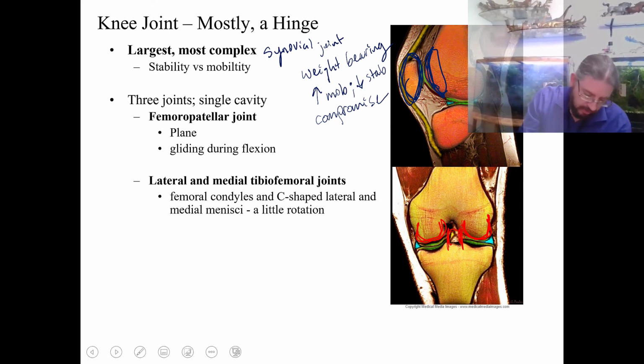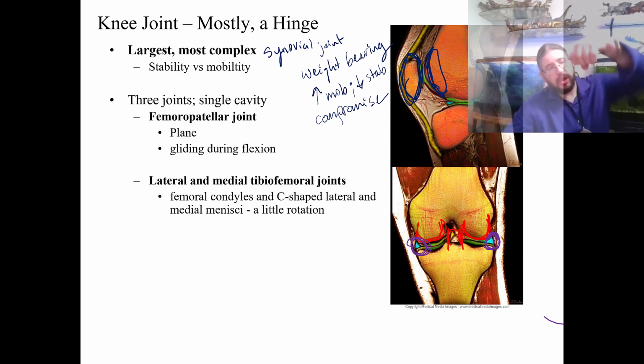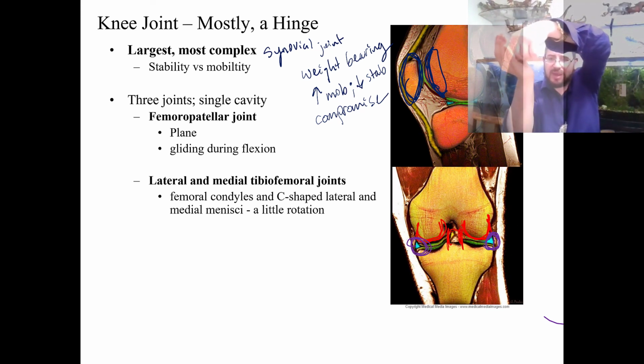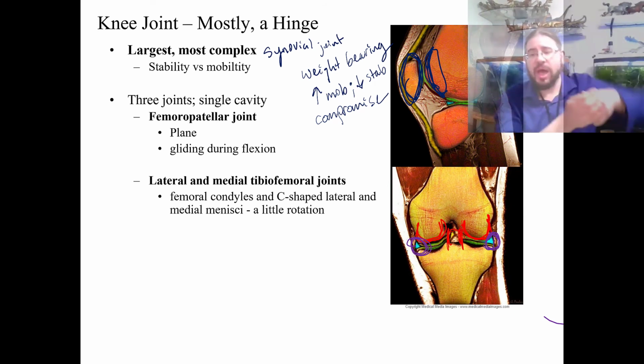So right there in the bright blue are our images of the menisci. So making a little cup on the tibial surface. So you have the femoral condyle, and then you have a meniscus cup right there. So sort of helping hold that in place, providing a very minor amount of structural stability there.